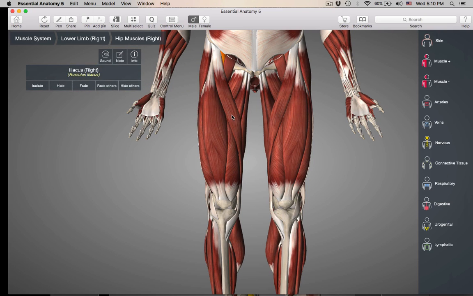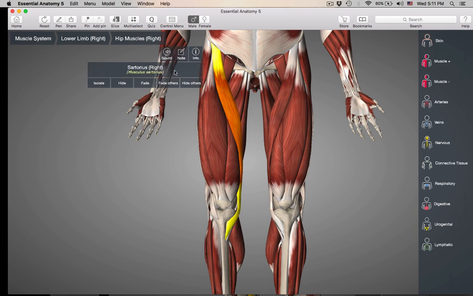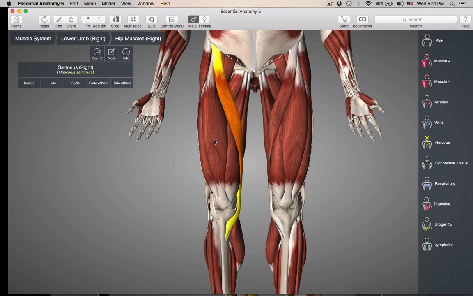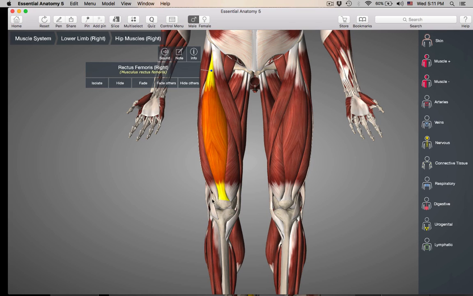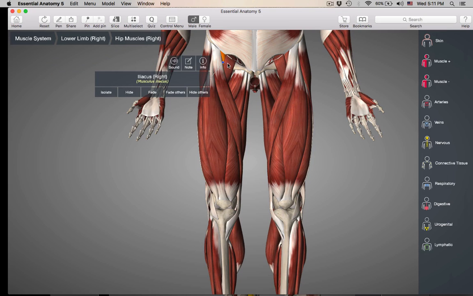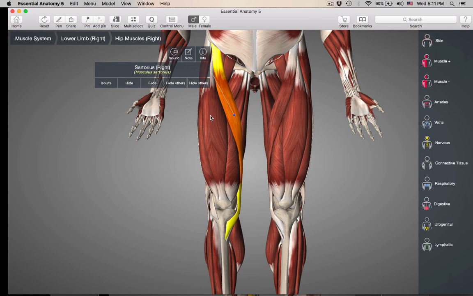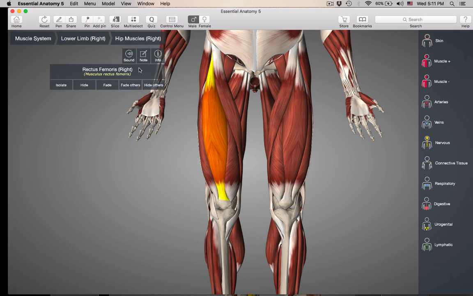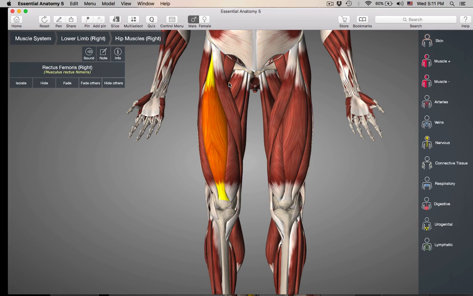Then we're going to have sartorius, and you are going to have rectus femoris, the only quad muscle that crosses two joints, so it's going to have action at the hip joint and knee joint. So those four muscles, iliacus, psoas major, sartorius, and rectus femoris, you're going to put them under your hip flexors.